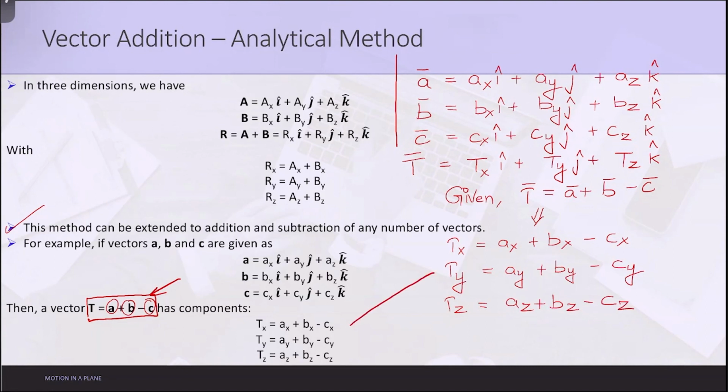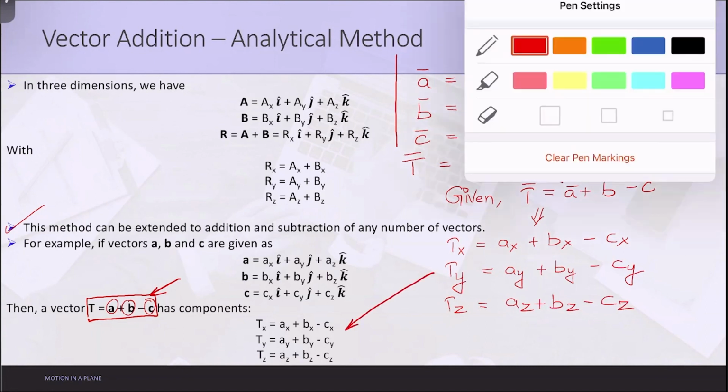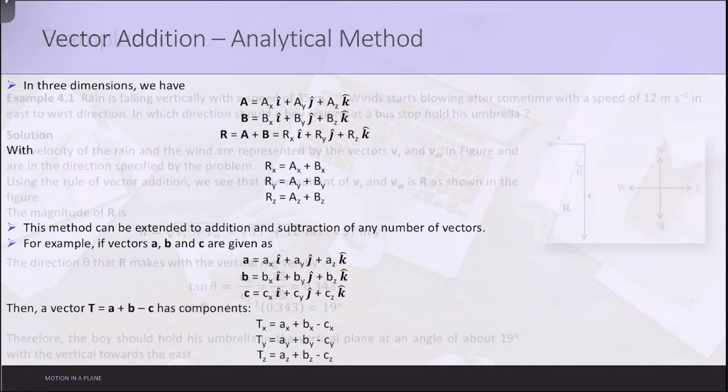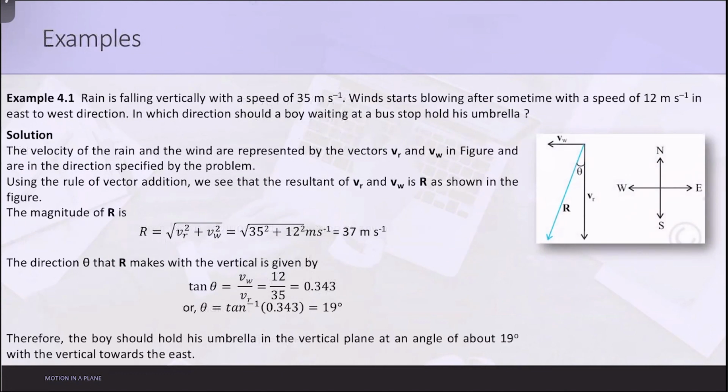That is the only thing which is written. Thus a vector t equal to a plus b minus c has components tx equal to ax plus bx minus cx, ty equal to ay plus by minus cy, and tz equal to az plus bz minus cz. Okay, let's move on then.